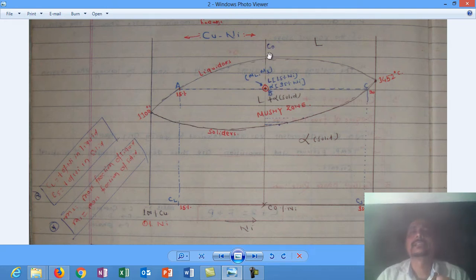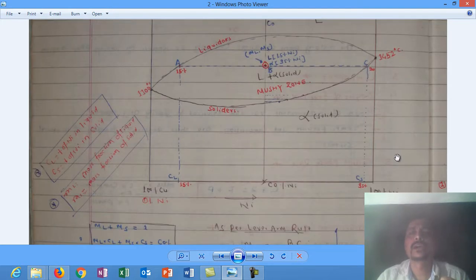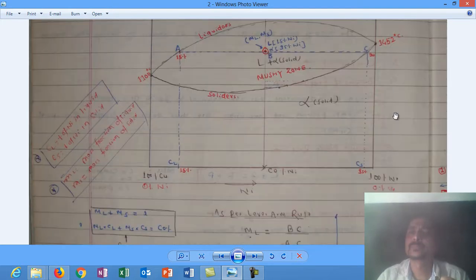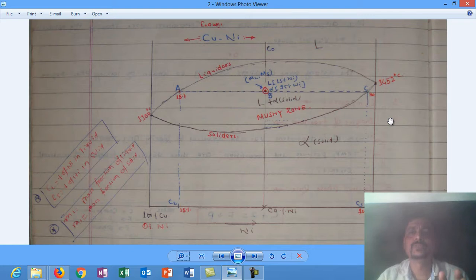Now I am going to define the lever arm rule. But before deriving the lever arm rule, we have to understand some basic relationships. We need to be careful. This is very easy and interesting. So ml is the mass fraction of liquid, and ms is the mass fraction of solid.